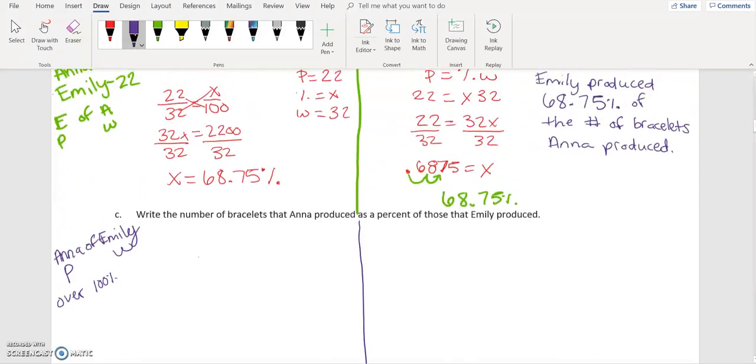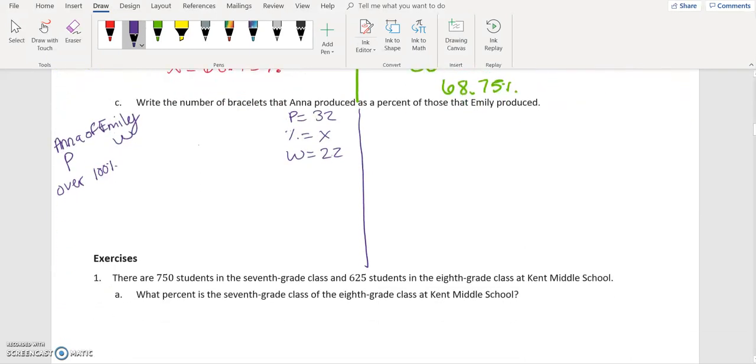Our part is going to be Anna, and Anna was 32, and our percent we don't know. That is still what we're looking for. Our whole, though, is 22. So our part is more than our whole. Therefore, we are going to get an answer that is over 100%.